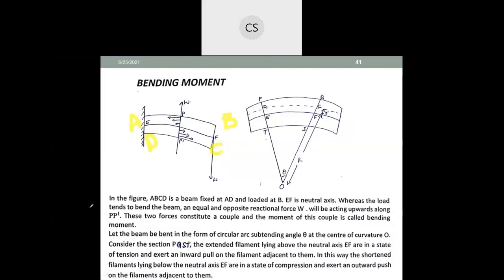AD is a fixed end, because it is fixed to the support. This end is fixed, and this end is a loading end.